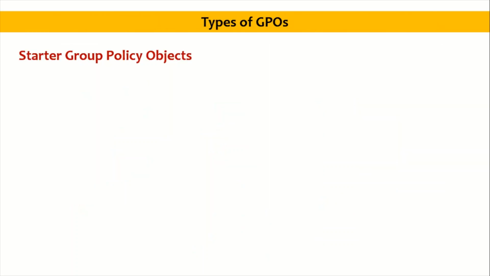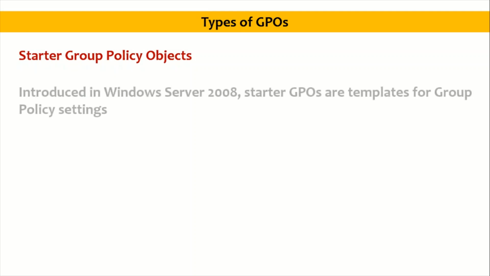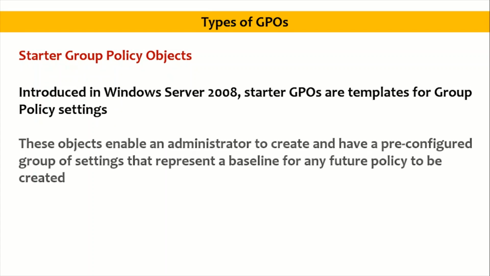Now the third type of policy is starter GPOs. Starter GPOs were introduced in Windows Server 2008 Active Directory, and they are just templates of group policy objects. These objects enable administrators to create a pre-configured group of settings that will represent a baseline for any future policy to be created.